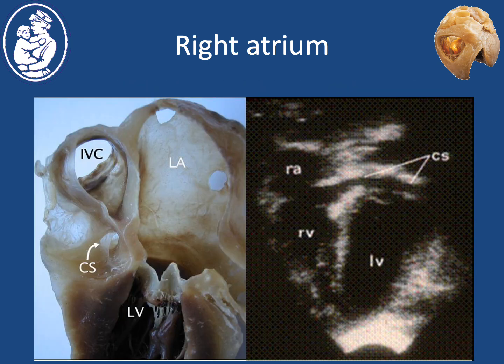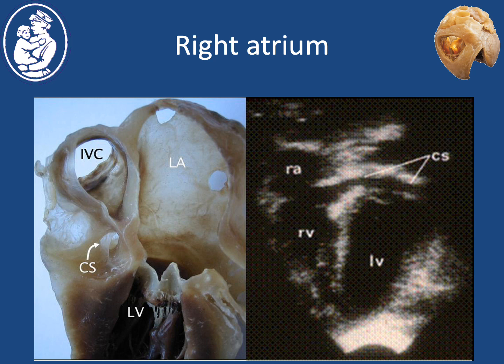In this waxed heart specimen in the left panel, the ostium of the coronary sinus is here behind the Thebesian valve. The coronary sinus tracks in the left AV groove behind the left atrium. Also, the inferior vena cava is seen entering the right atrium behind the Eustachian valve, all characteristic features of the right atrium.